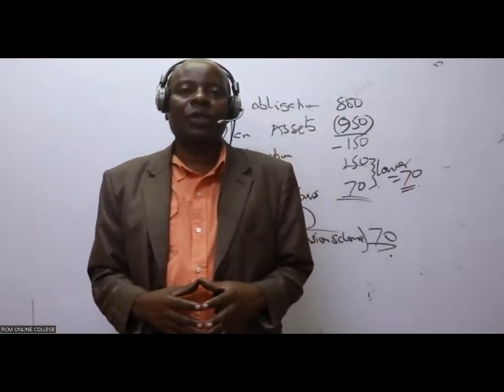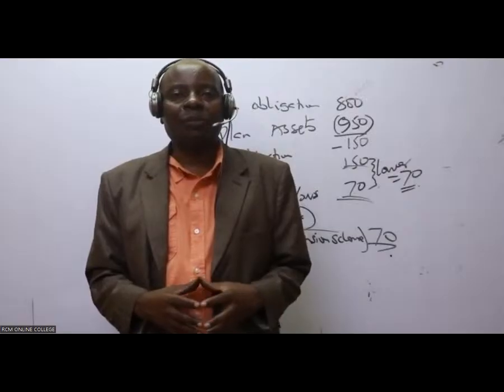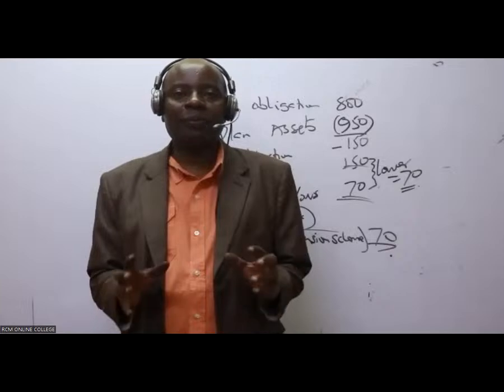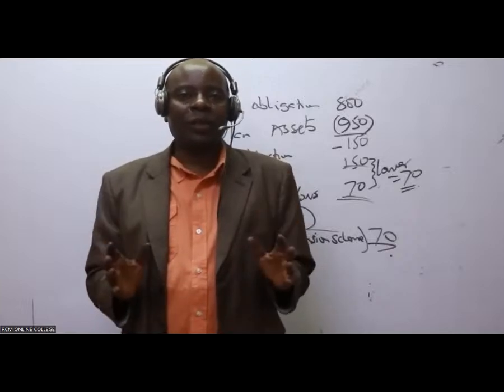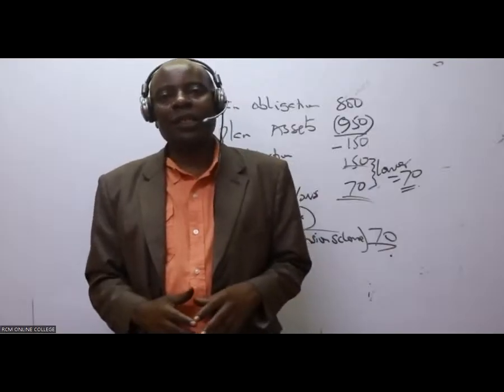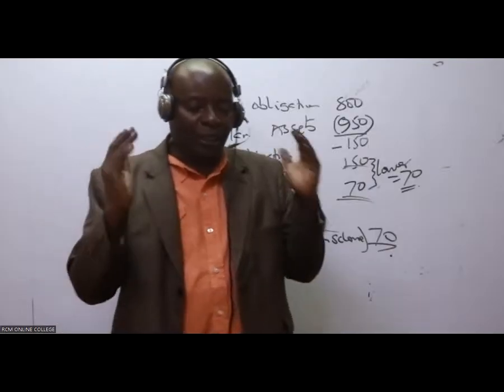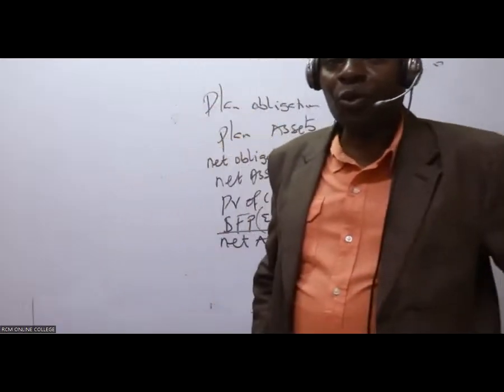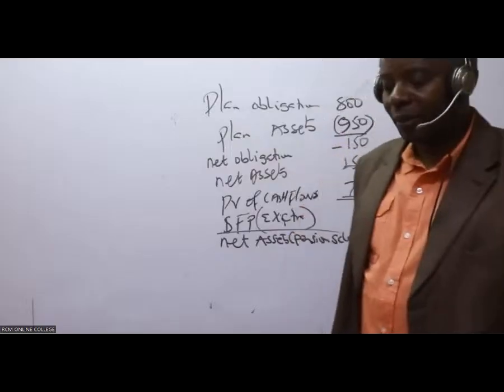So, ladies and gentlemen, as we disappear, today as you go to your workplace and somebody asks you, you wake up very early to study, what have you been studying this morning? What are the key takeaways that you'll be able to talk about proudly?